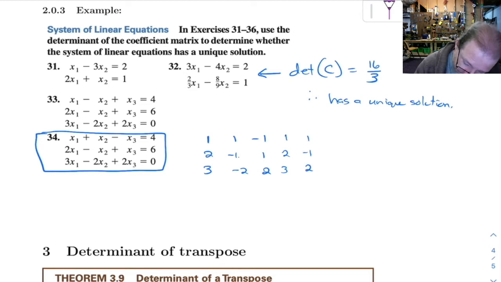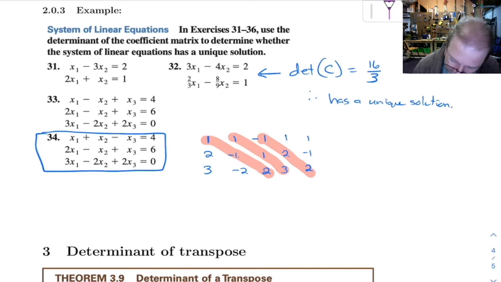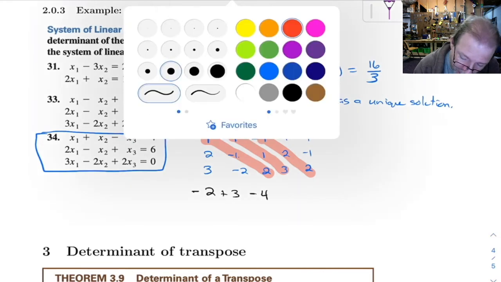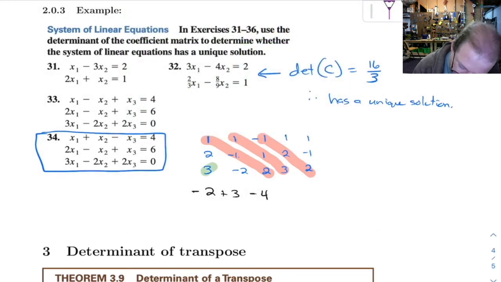And now let's do some multiplying. So for those, I'm going to get -2, then +3, then -4. And then for my reverse ones, let's make them green this time.